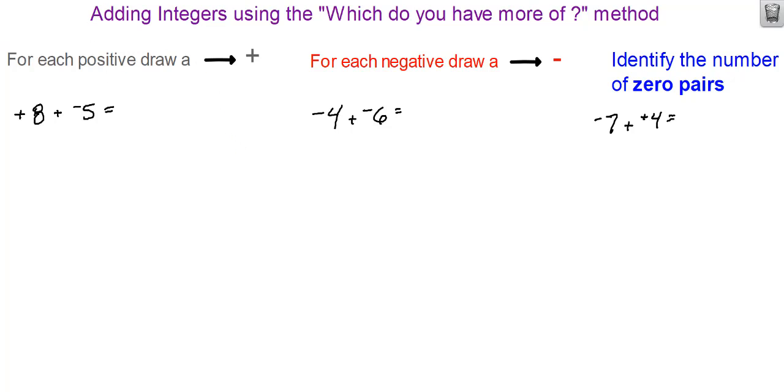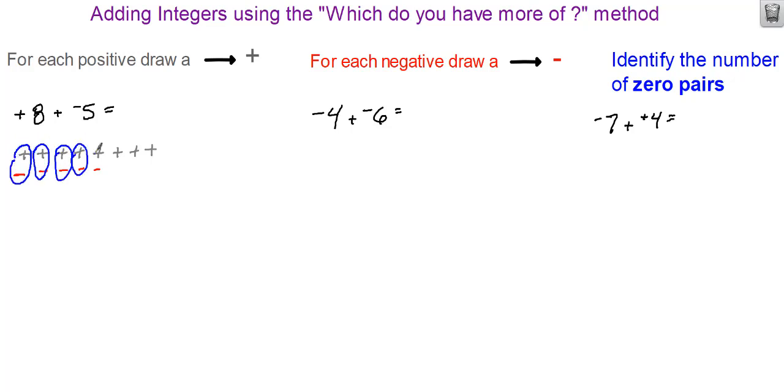Okay, so let's take a look. First problem, +8, so 1, 2, 3, 4, 5, 6, 7, 8. You should have had 8 positives, plus 5 negatives, 1, 2, 3, 4, 5. That would give you 5 0 pairs.